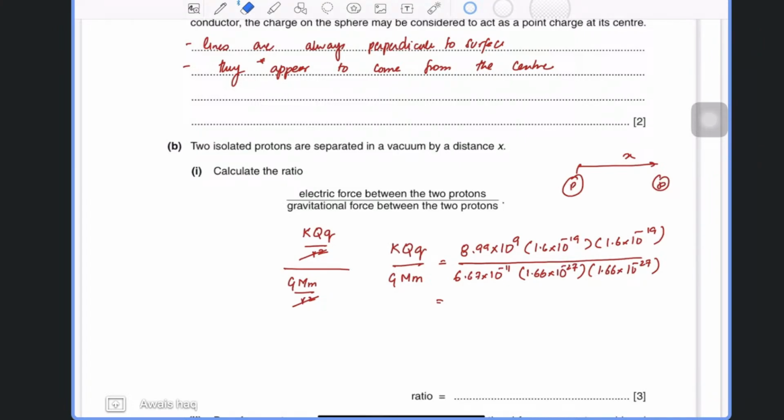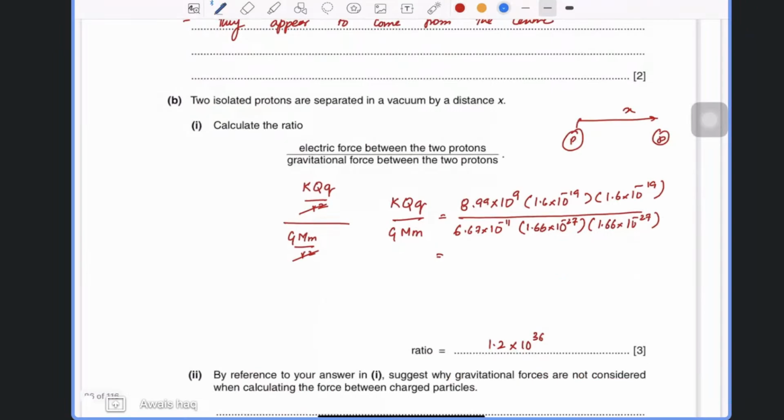Yes, please give me an answer. 1.2 times 10 raised to the power 36. So basically it's 1.25. Sir, I got it as 1.3 times 10 to the power of 36.